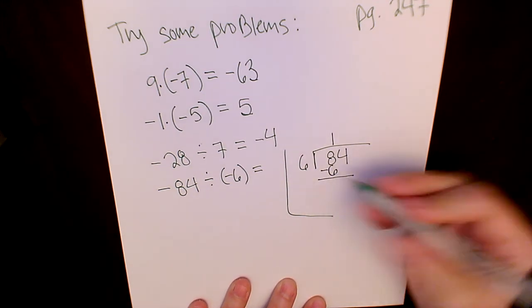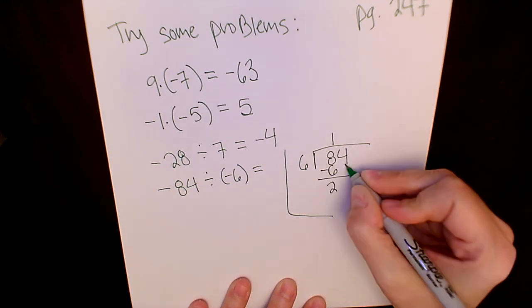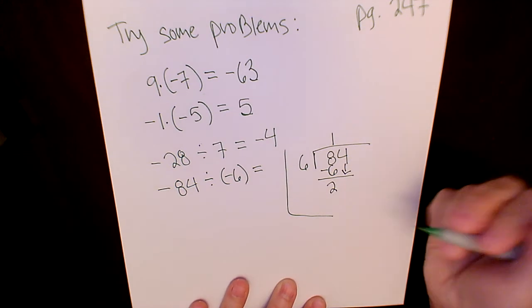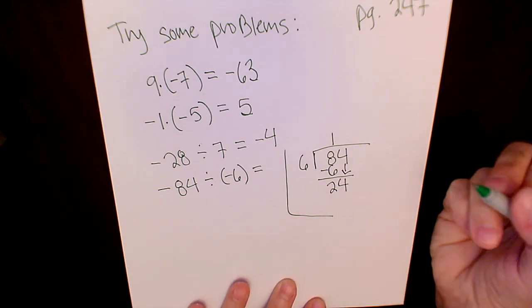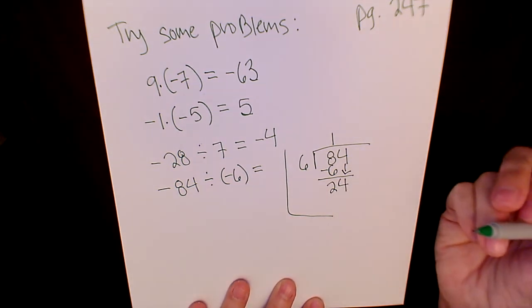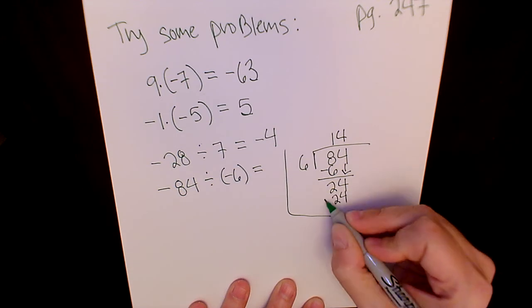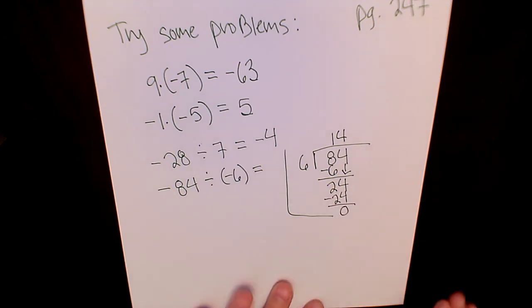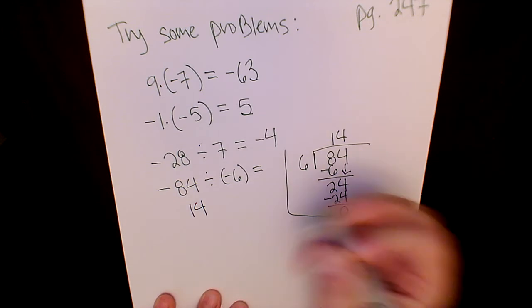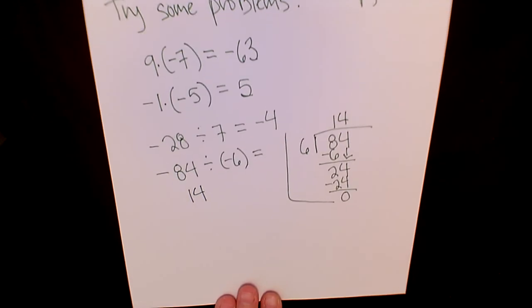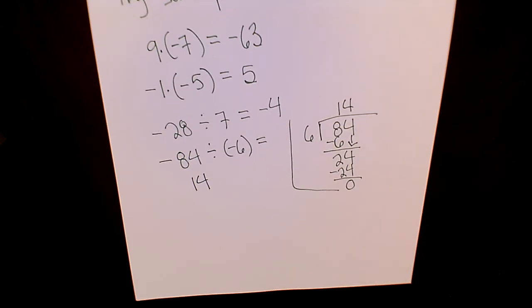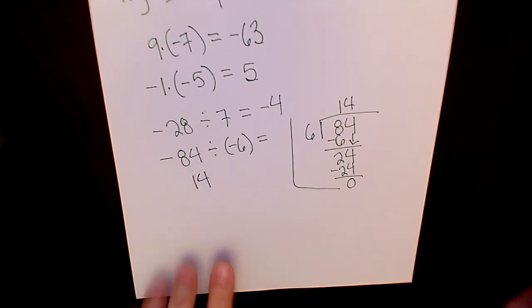I'm going to subtract down. 8 minus 6 is 2. I'm going to bring down the 4. And 6 goes into 24 4 times. No remainder. So my answer is going to be a positive 14, because I have a negative divided by a negative.